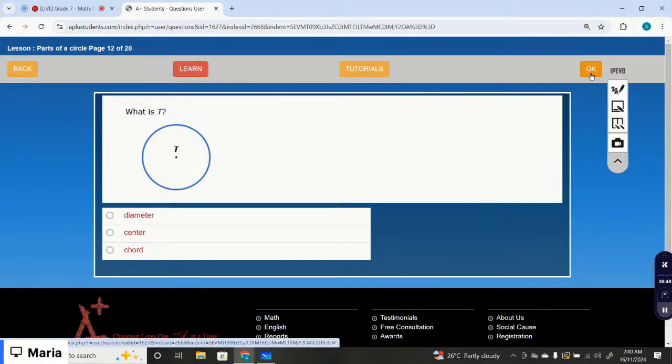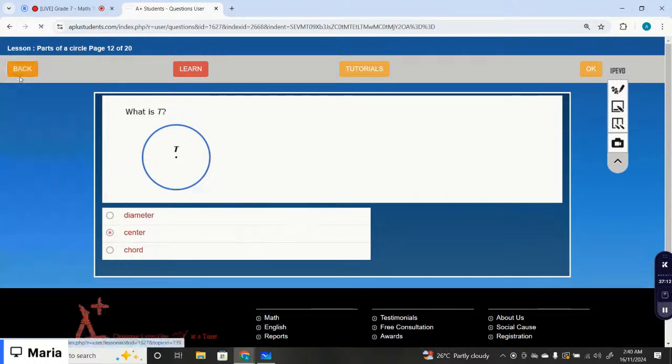What is T? T is the center of the circle. Okay, you can complete the lesson by yourself later today.